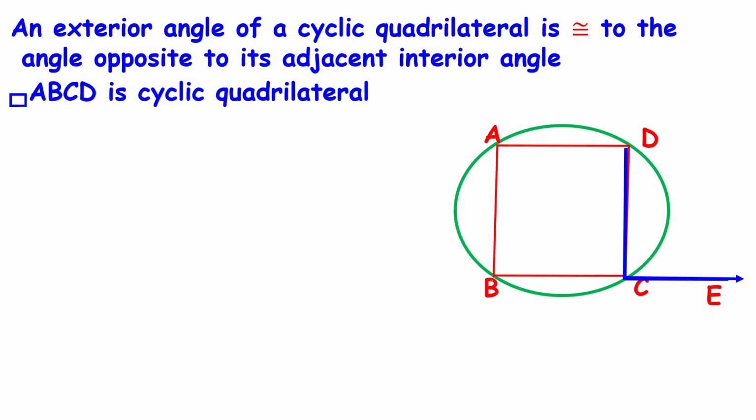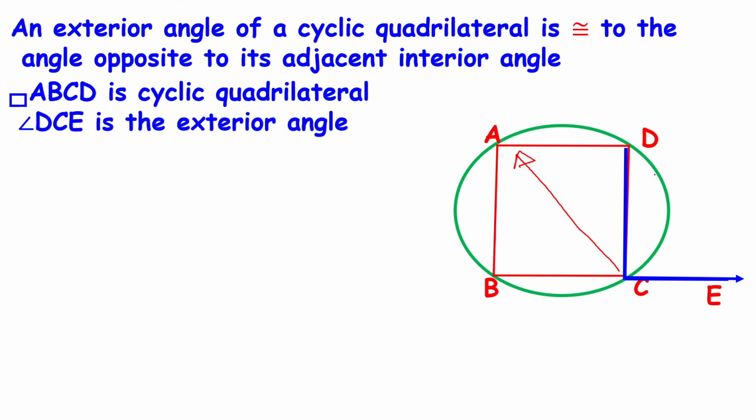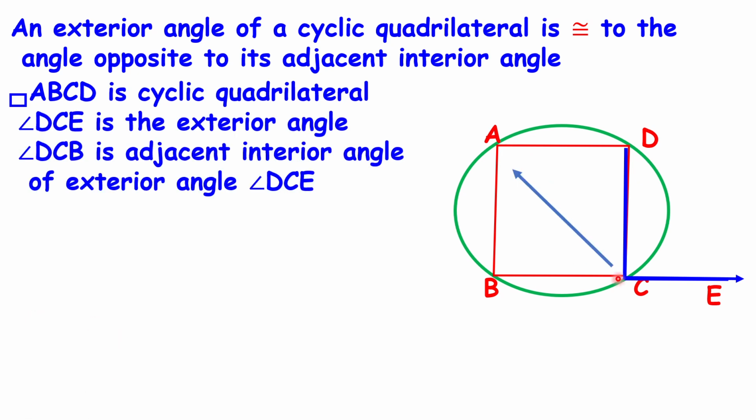Angle DCB is the adjacent interior angle of exterior angle DCE and its opposite angle is A. That means the angle opposite to the adjacent interior angle of exterior angle DCE is angle BAD. And this angle BAD is congruent to exterior angle DCE.